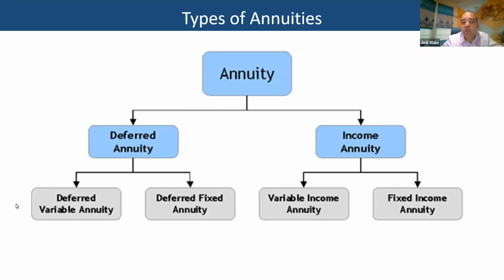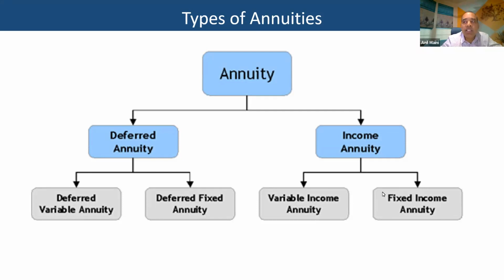They say, okay, how will my money grow? So this deferred annuity is for that purpose, and your money will grow tax deferred. Year by year, you don't have to pay taxes, only on the withdrawal, like we discussed last time.